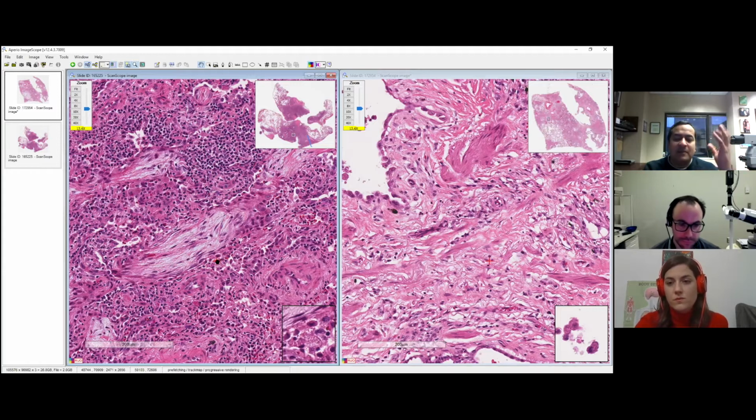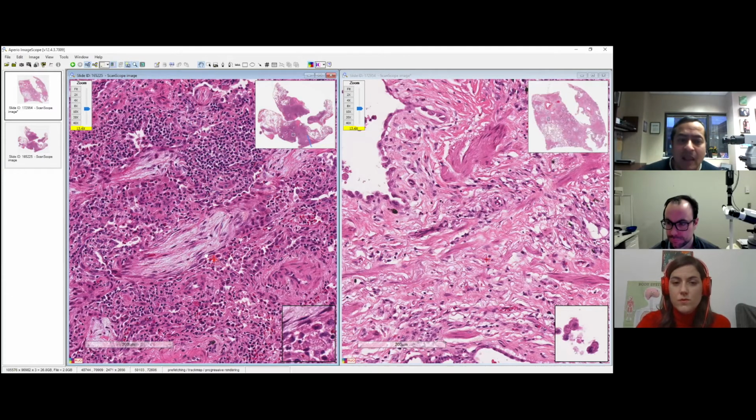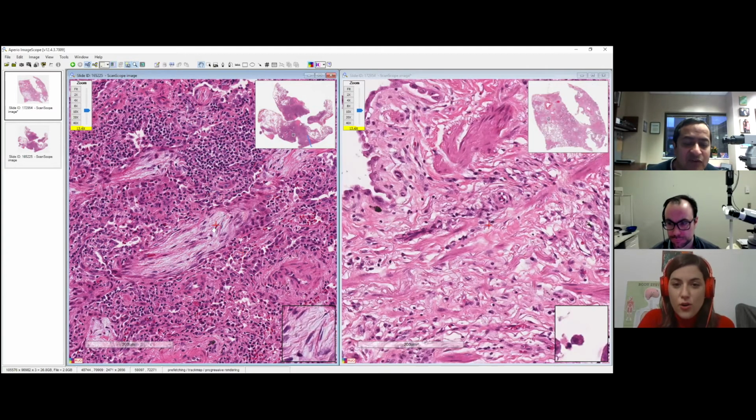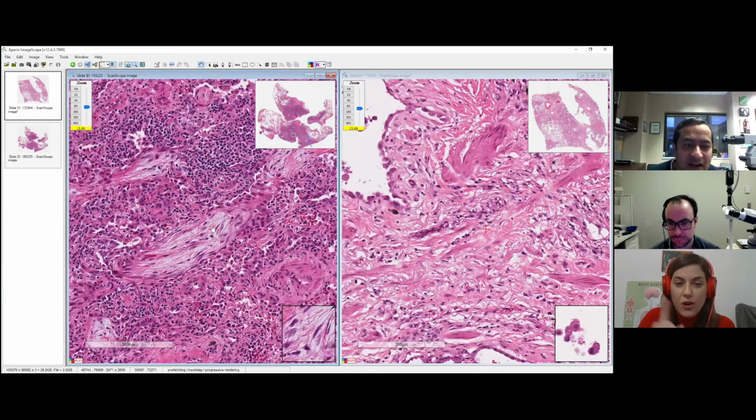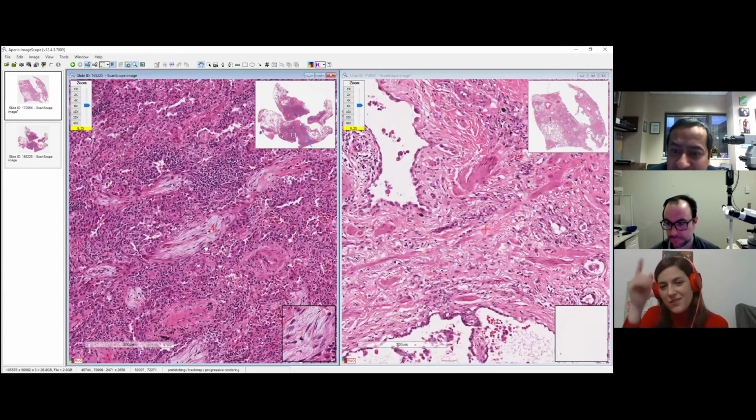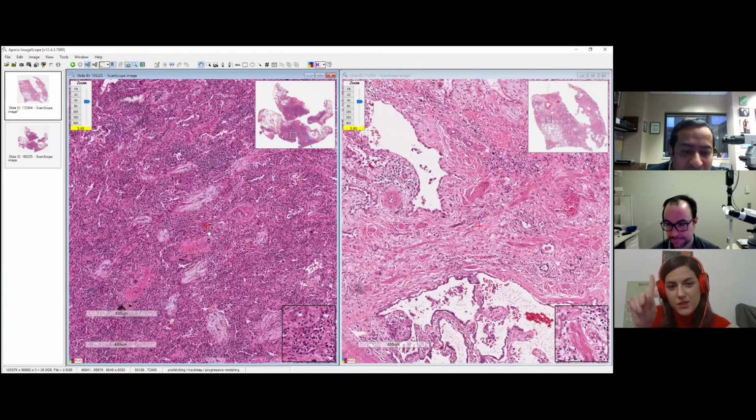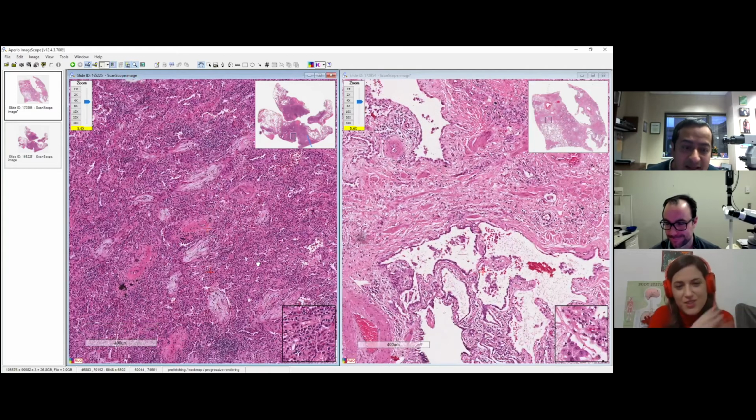I think what's happening here is that the fibroblast plug is arising from the interstitium and then snaking into the airspace. So if you look at the plug itself, it looks like it has type 2 pneumocytes on its surface, but that's because it started from the interstitium.